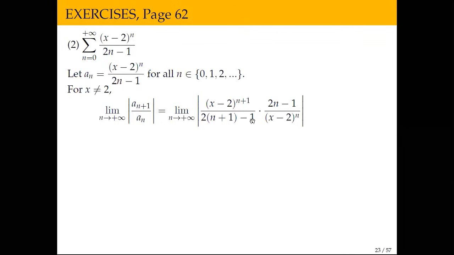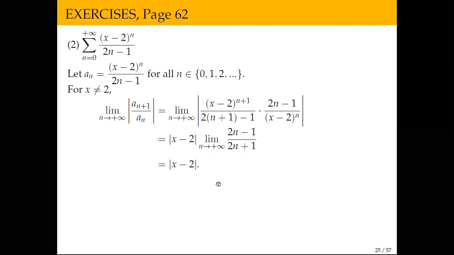What will be left is the absolute value of x minus 2. Since that is independent of n, you can factor that out. And what will be left is the limit of (2n minus 1) over (2n plus 1). We know that this limit is just 1. So this limit over here is just the absolute value of x minus 2.